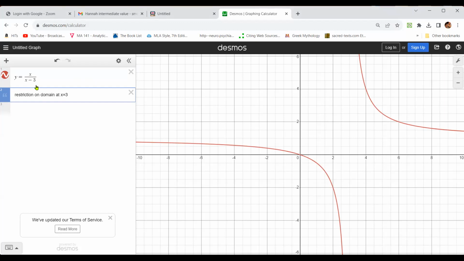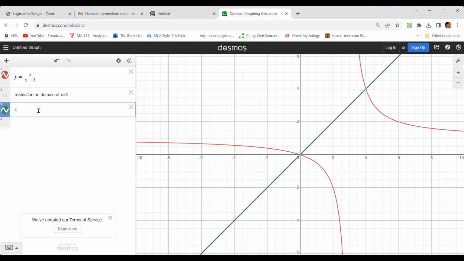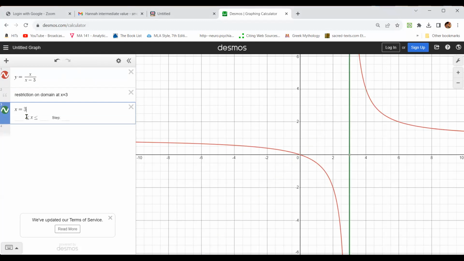I'm going to draw that in just for clarity, and make it a dotted line. There we are. There's my graph.